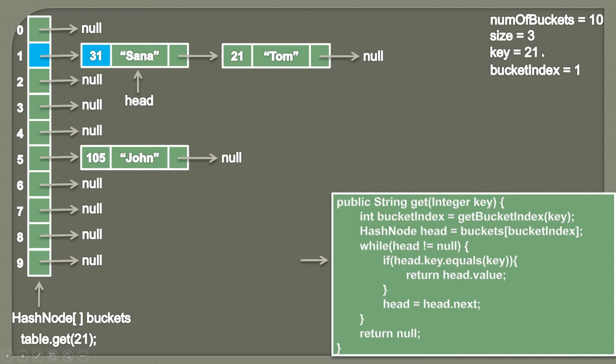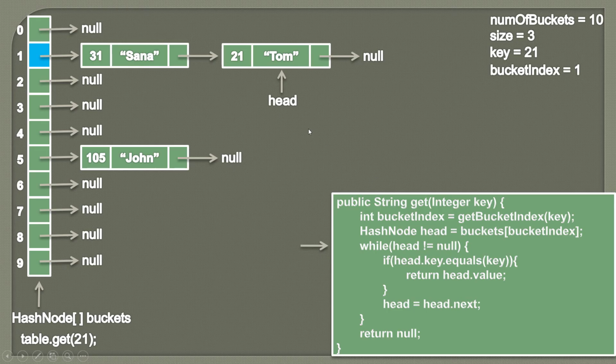We compare it with 21. So this if condition comes out to be false because 31 is not equal to 21. So we simply move head to its next node by assigning head.next to head. So head is pointing to this node, its next is pointing to this node. So via this reference, we will simply traverse head to its next node.